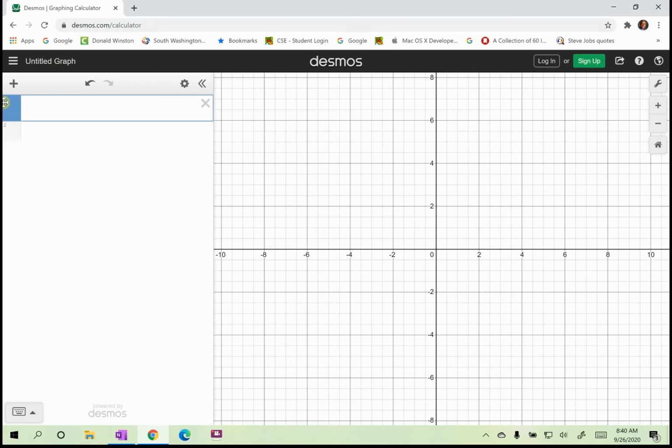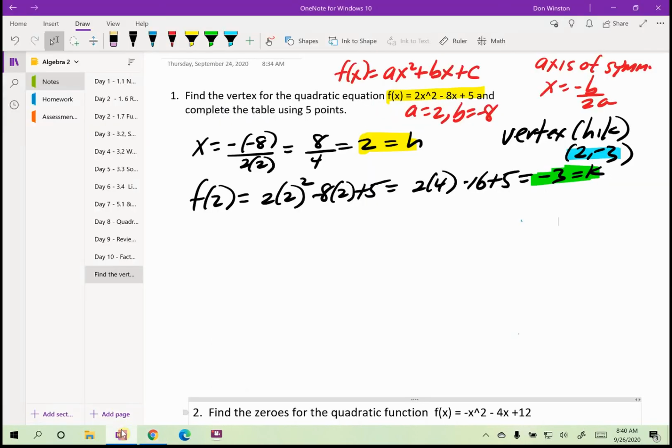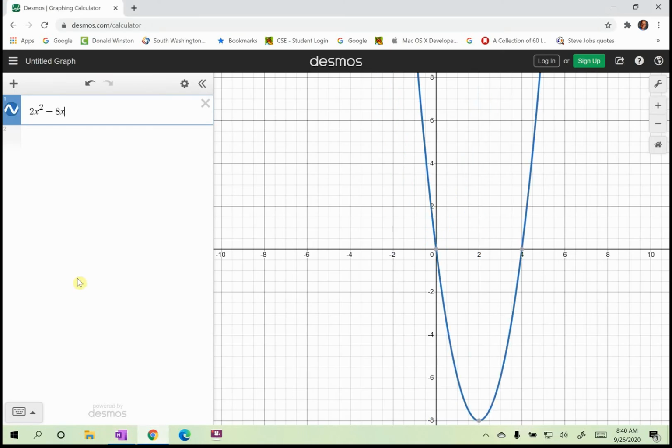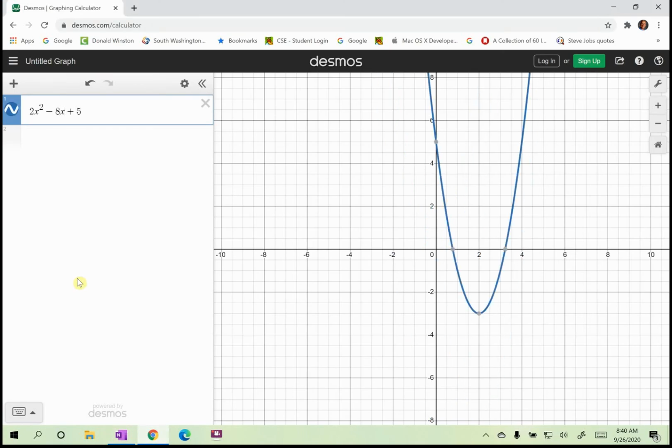That was 2x squared minus 8x plus 5. And let me verify my vertex, see if I'm right. Yes, I am. (2, -3). So it's the lowest point on the graph right there. It's a happy graph. A is positive. Okay, so now I can go on.